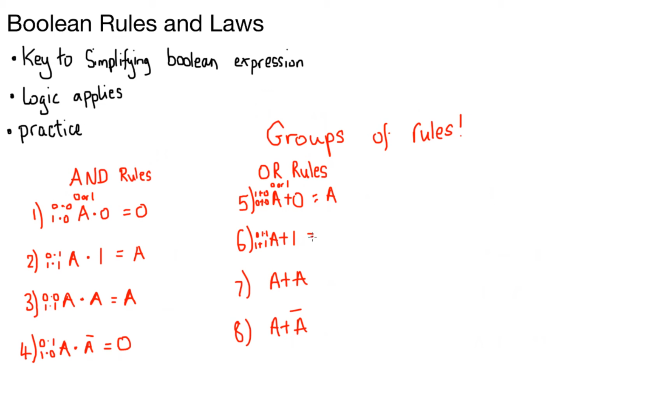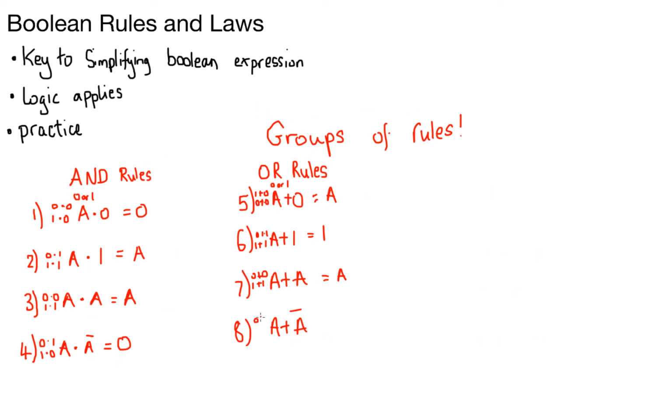Then I put that in my OR truth table, and each time I run that, it returns 1 because there's always a 1 present in both of my conditions, so I get 1 returned. My inputs for number 7 are 0 or 0 and 1 or 1. And that will return A because it all depends on the condition that I put in.